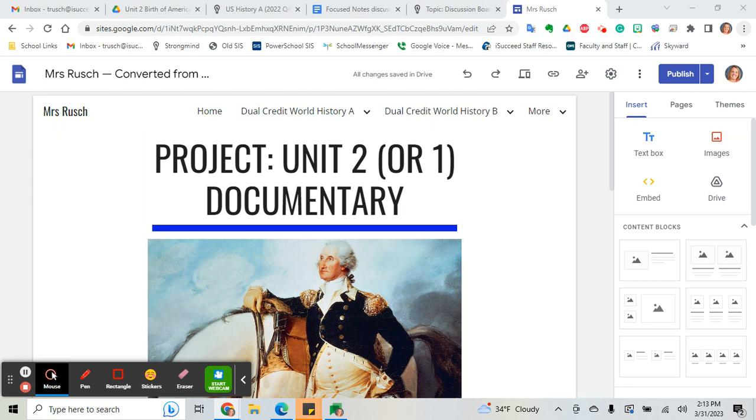So for Unit 2, it's really cool to see how, all of a sudden, we won the Revolutionary War and now we're in charge of all of this land and we don't know how to govern ourselves. In lesson 6 you will learn about the formation of the Constitution, which we started off with the Articles of Confederation.